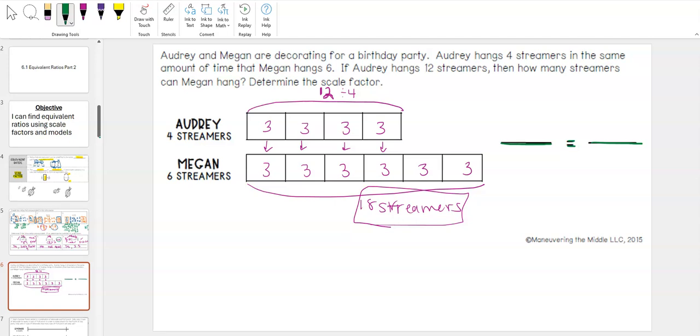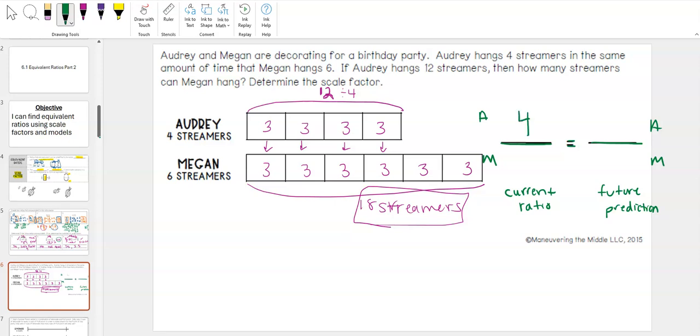On my left is my current ratio, and on the right is my future prediction. On my left, I'm going to compare Audrey's streamers with Megan's streamers, and on the right, I'm still comparing Audrey's streamers to Megan's streamers, just in the future.